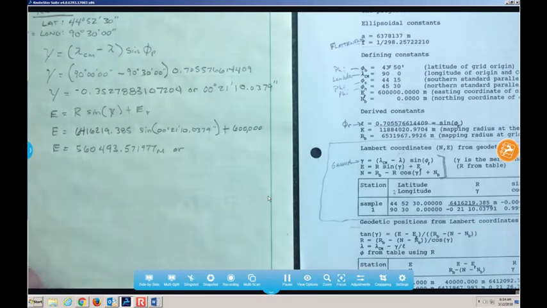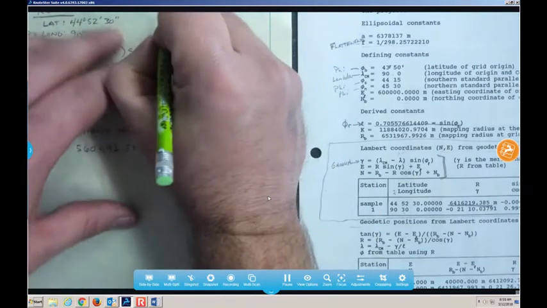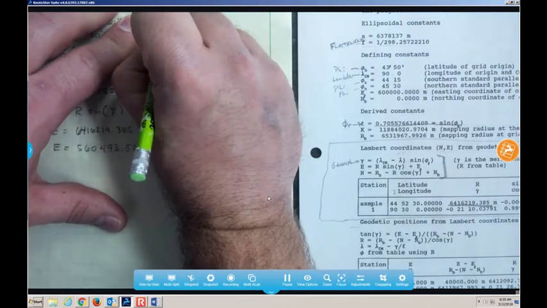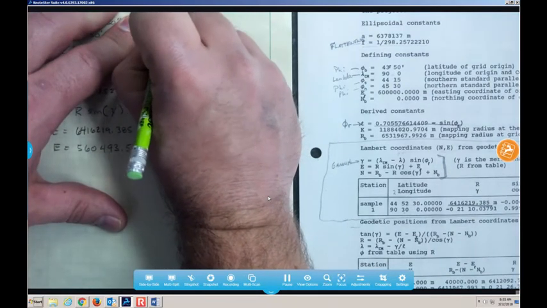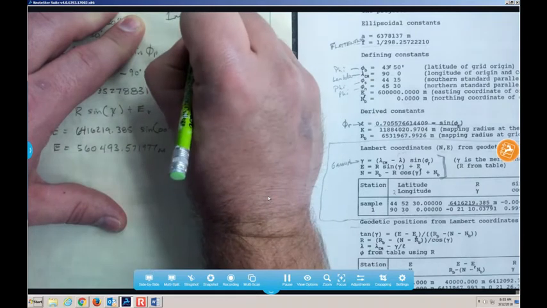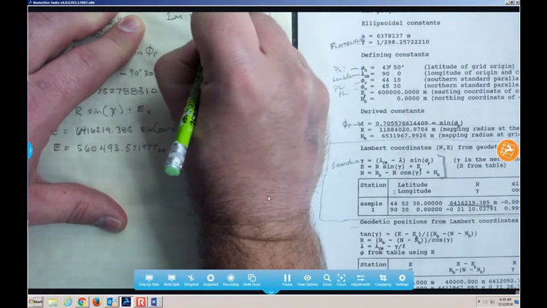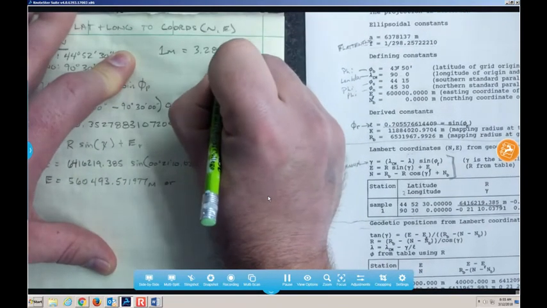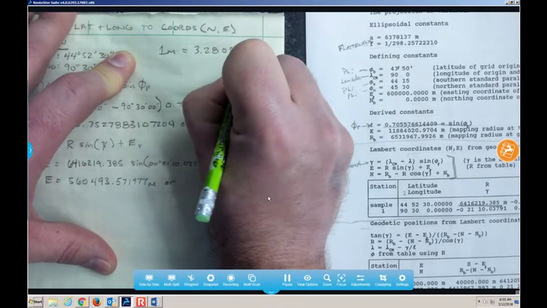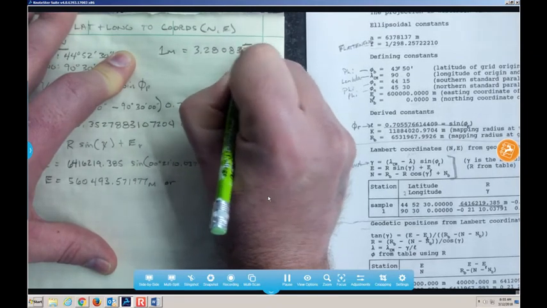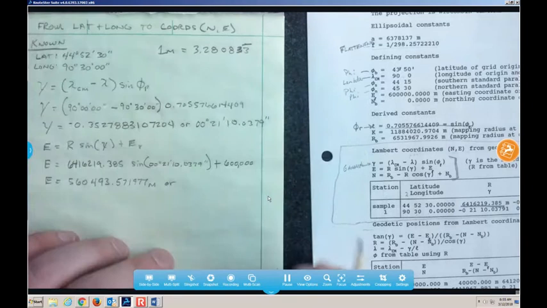Make sure you take it out far enough, or else you're going to have a rounding error in it. So in 1 meter it equals 3.280833 repeating. Okay, feet.